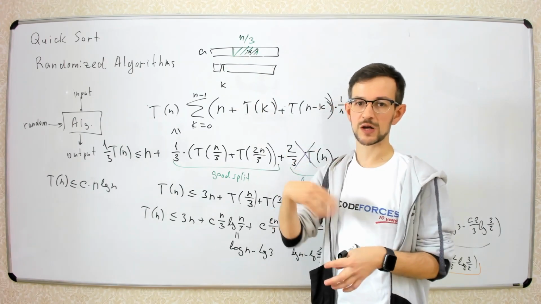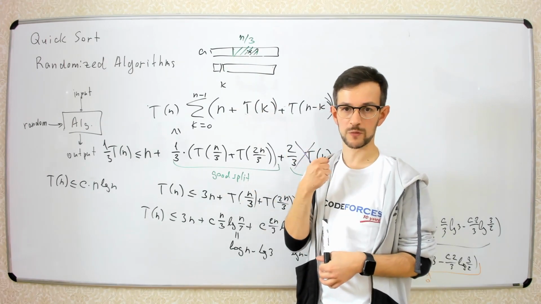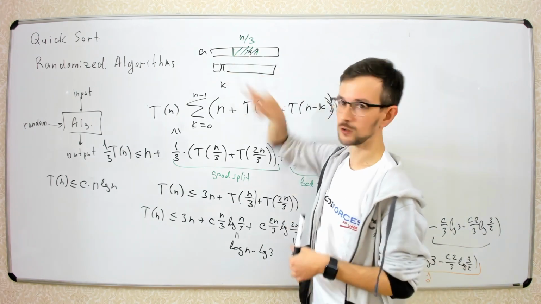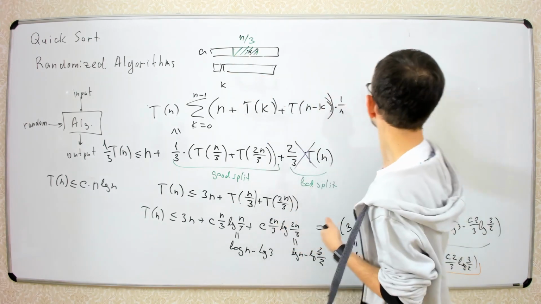So every third time we pick an element from the array, it belongs to this middle group.